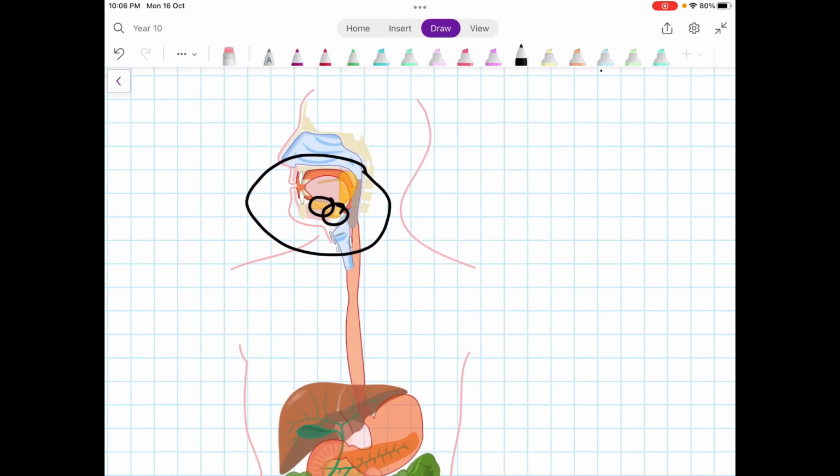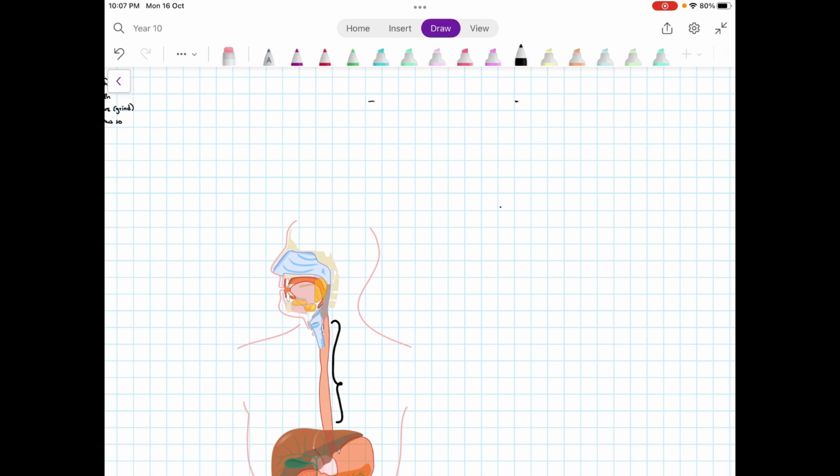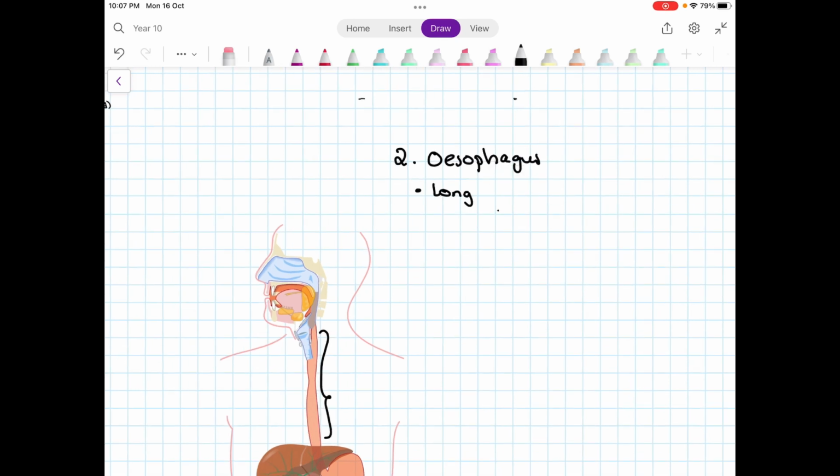Okay, moving on. So after the food goes through the mouth, it then reaches the esophagus, which is a long tube connecting the mouth to the stomach. And a process known as peristalsis occurs here.